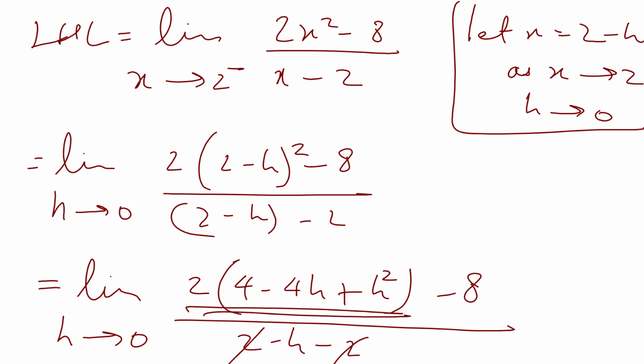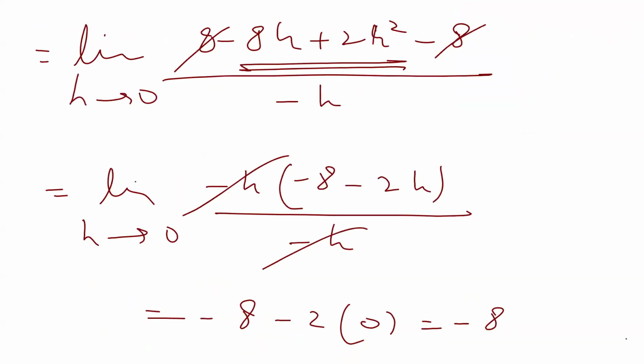Just a second. Just checking few things over here. 4 minus 4h plus h square minus 8. 8 minus 8h plus 2h square. We got the value as minus 8. Fine.